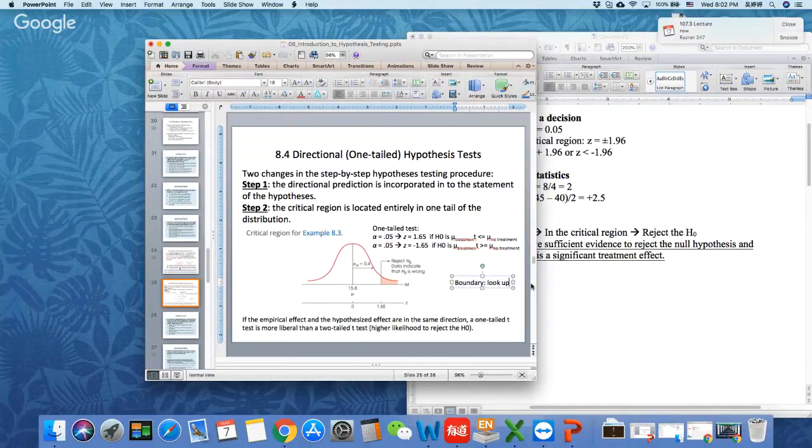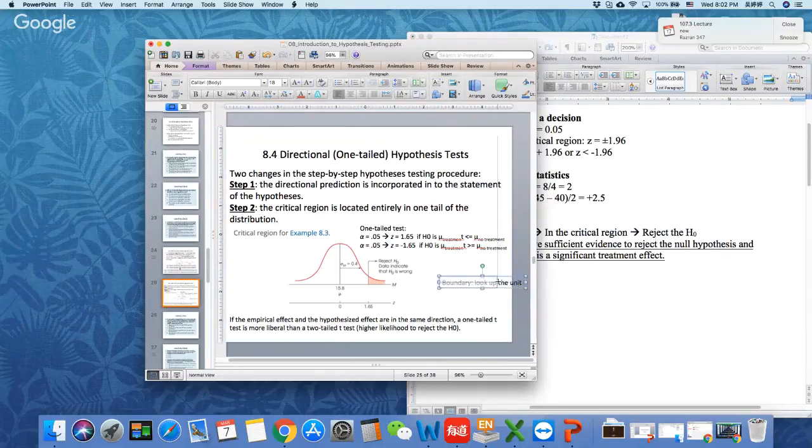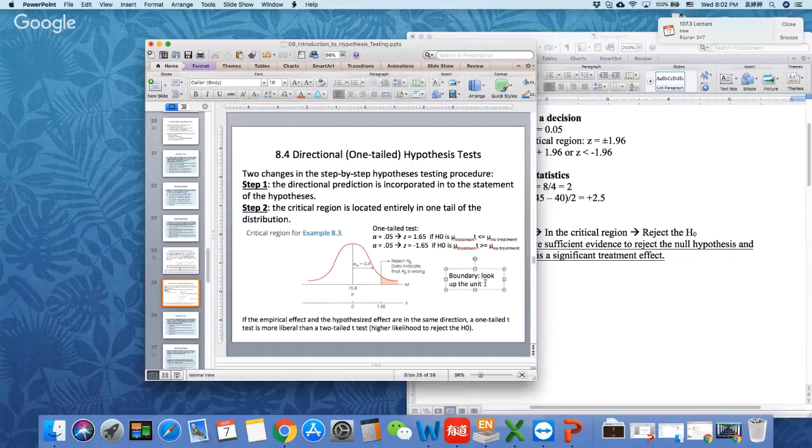Look up the unit normal table and column, I think this column B, proportion in tail.